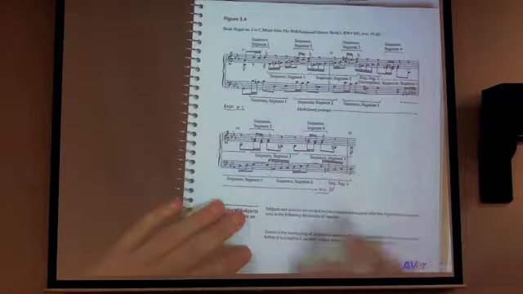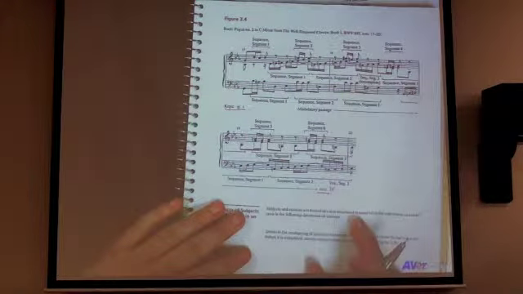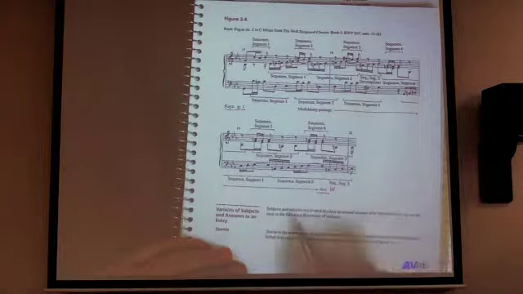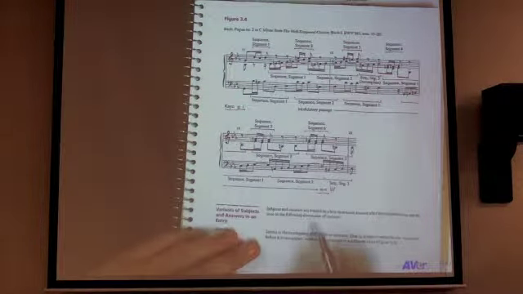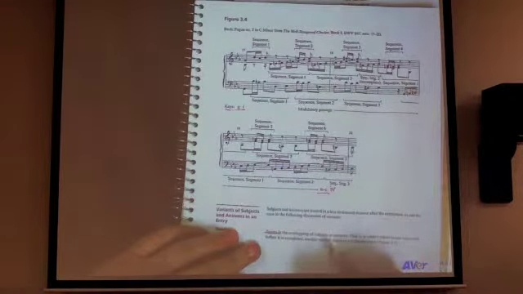Cool? All right, so subjects and answers are treated in a less structured manner after the exposition and can be seen in the following discussion of variants. So we do see something called stretto, and this means that the subjects and answers are going to overlap each other, right?